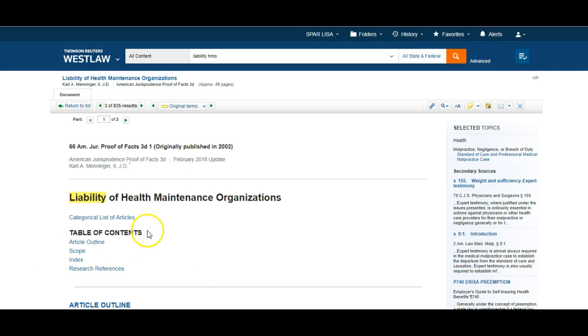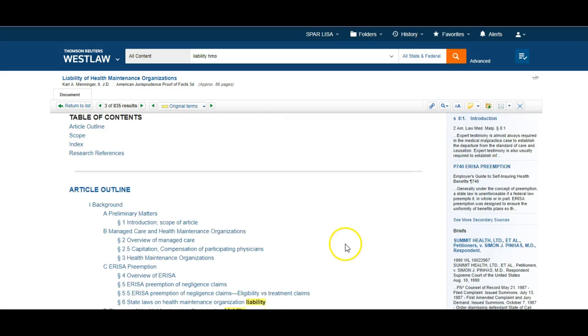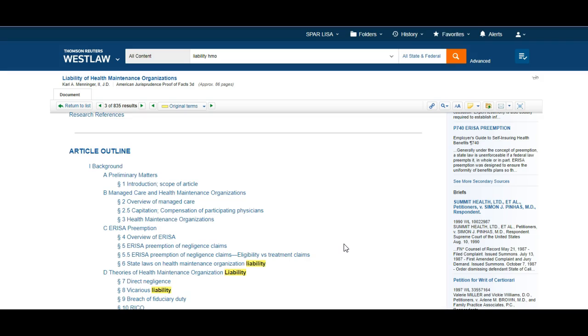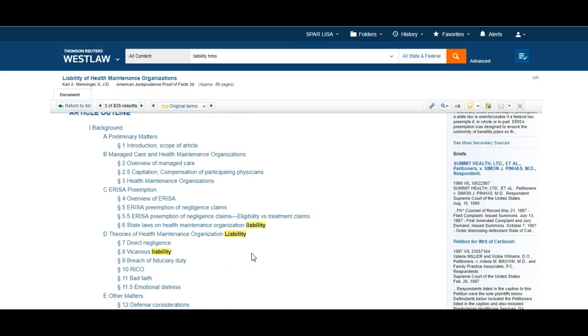And as we looked at proof of facts, we looked at the table of contents way back when, and we got the overview of managed care and health maintenance organizations. But what we didn't look quite as closely at, because we were focused on just getting to know the subject, is some of the other practice-oriented sections.